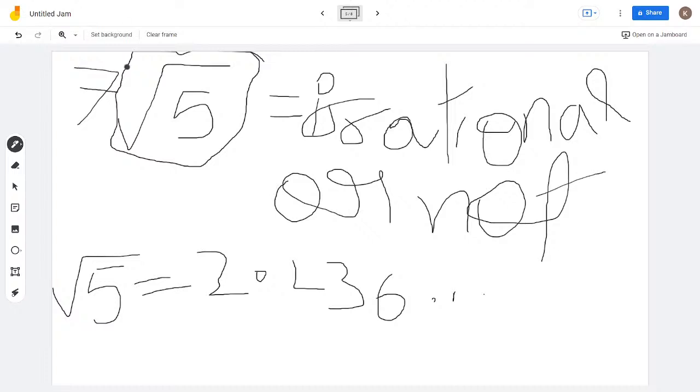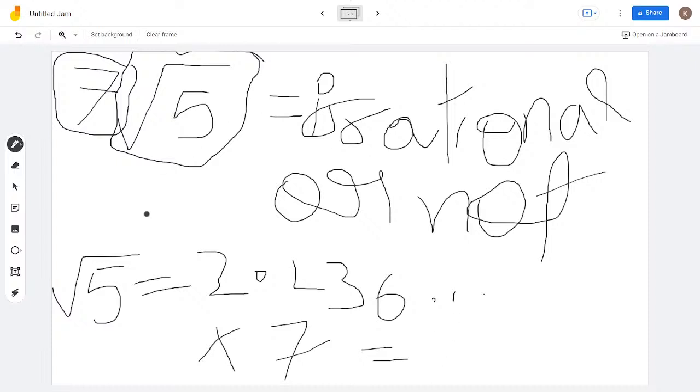Since here it is 7 multiplied by root 5, we will multiply 7 with 2.236 and so on. We will see that it is again non-terminating, non-recurring, so it is an irrational number.